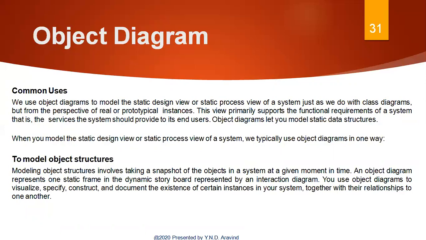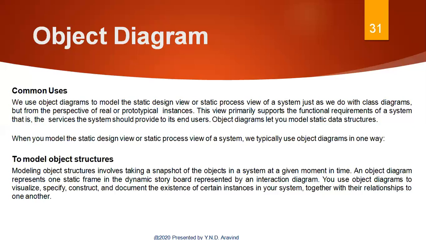When you model the static design view or static process view of a system, we typically use object diagrams in one way: to model the object structure. Modeling object structure involves taking a snapshot of all the objects in a system at a given moment in time.